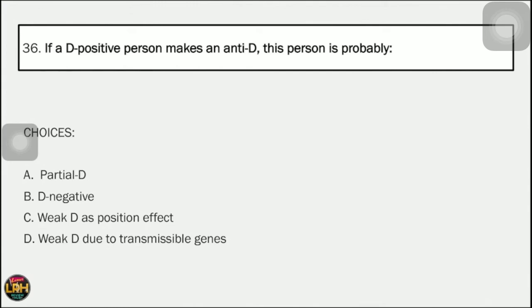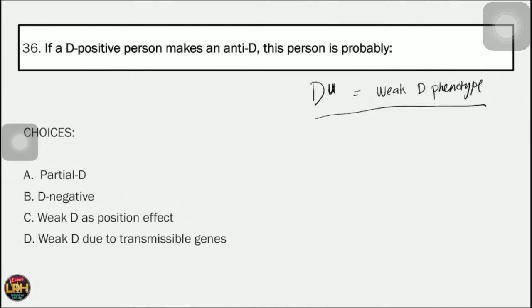In this scenario, it looks like a weak D phenotype. This phenotype is a weakened form of the D antigen that in routine D typing or Rh typing, will react with anti-D, but not with others.